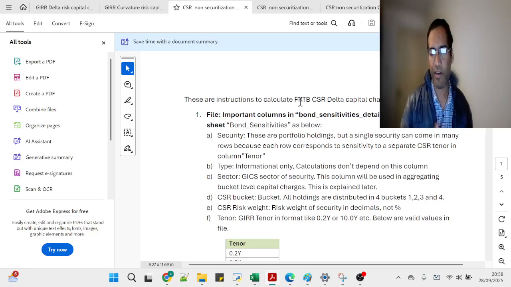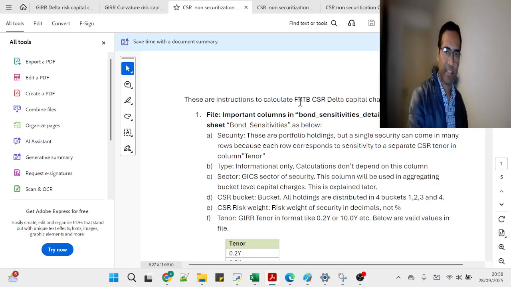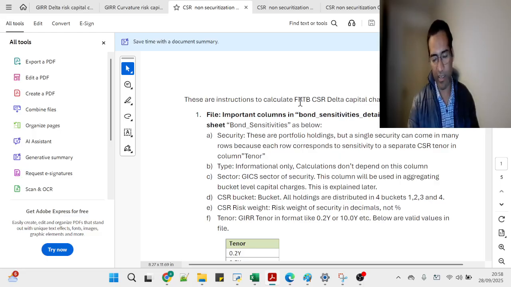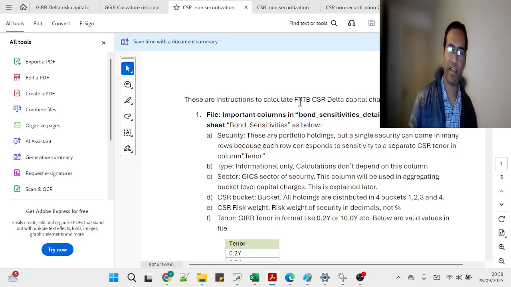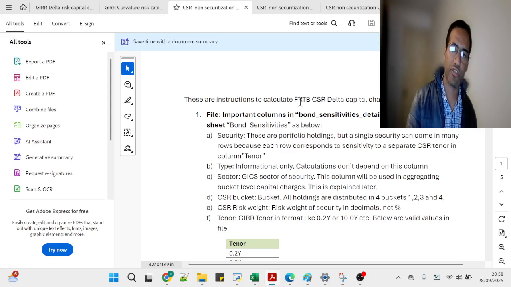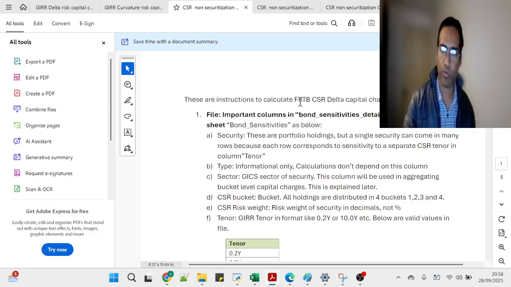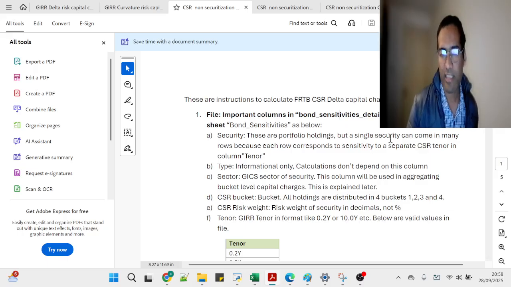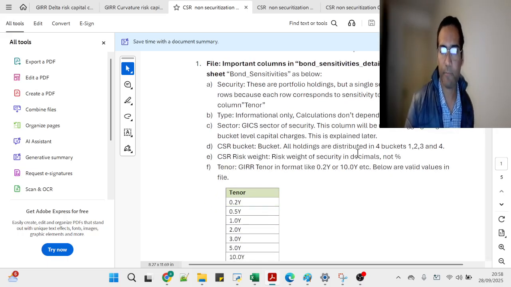I did not have the capability to split the interest rate into two parts, credit spread and real rate. Basel provides guidance, a clause that says you can use your delta sensitivities as inputs for your CSR delta sensitivities. So I have used that clause to reuse the same GIRR delta sensitivities as CSR delta sensitivities. So that's all, nothing different.